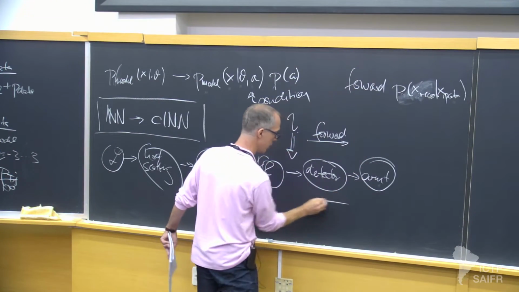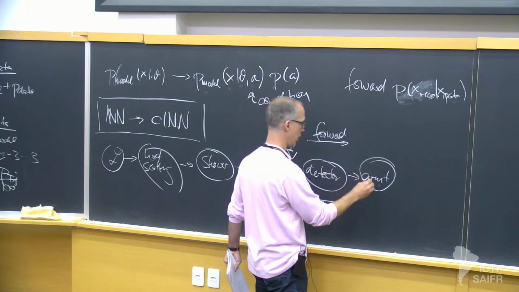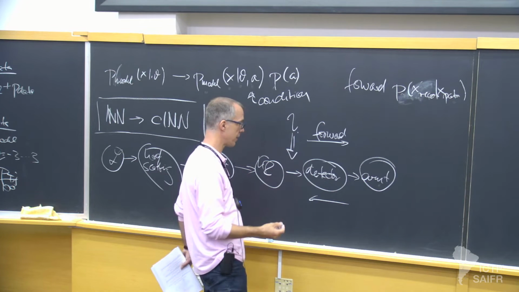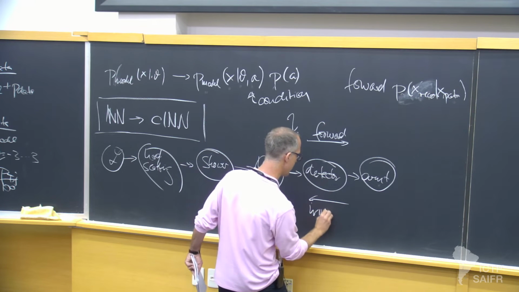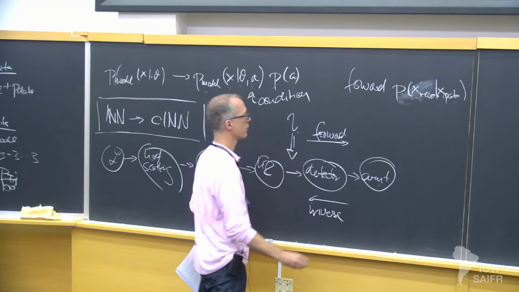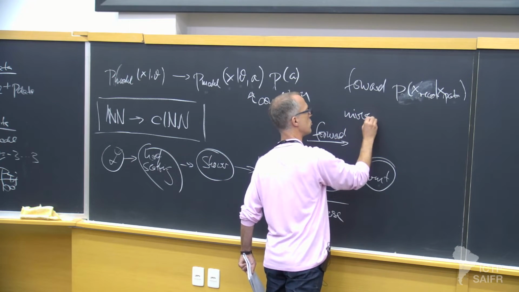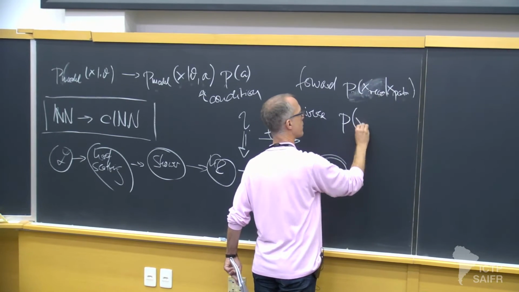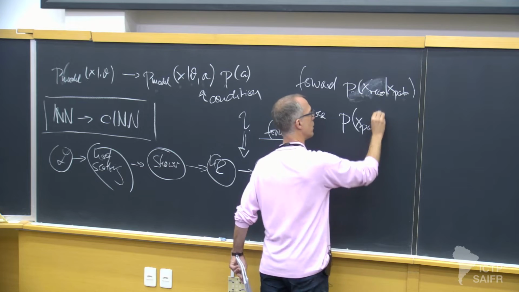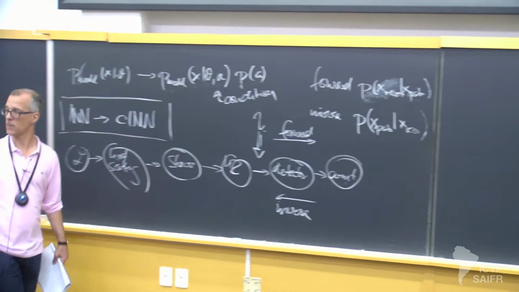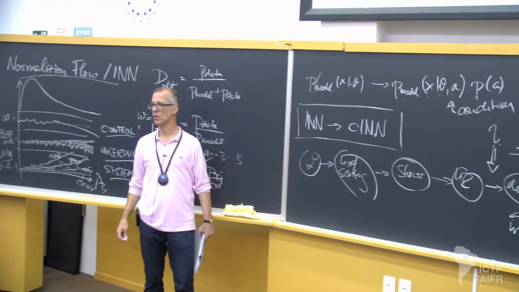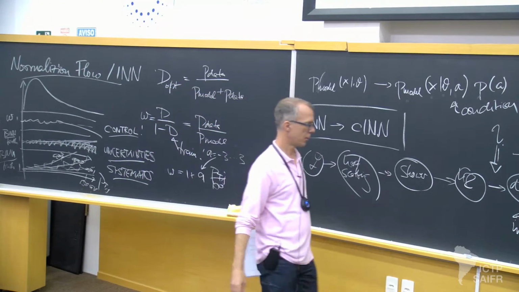Now think about it. What I want here is what's called unfolding in the technical experimental language. I want this in the inverse direction. I want an inverse distribution, where I get x_parton given x_reco. That's what I want.